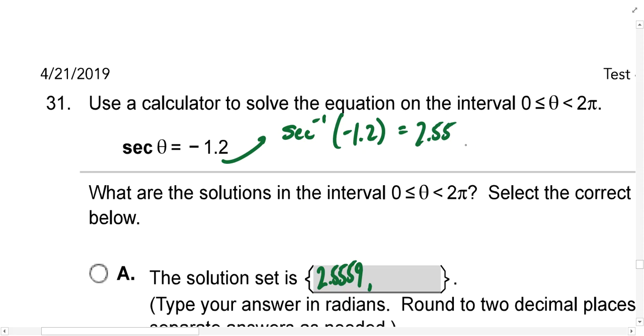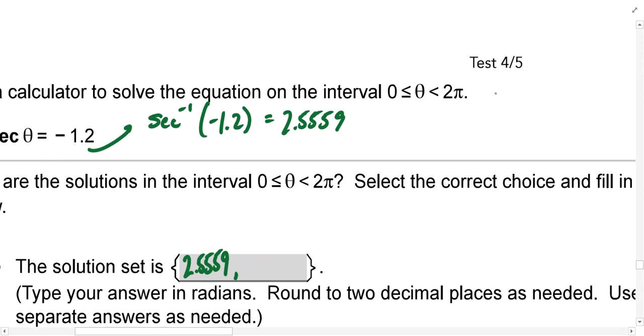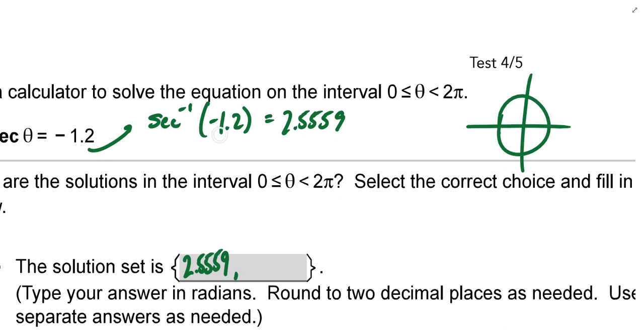And if we're thinking about where this exists on the unit circle, well, maybe there is a benefit to considering the equivalent value here. Secant is the reciprocal of cosine, so we would be talking about 1 divided by negative 1.2 for the x value, for cosine.